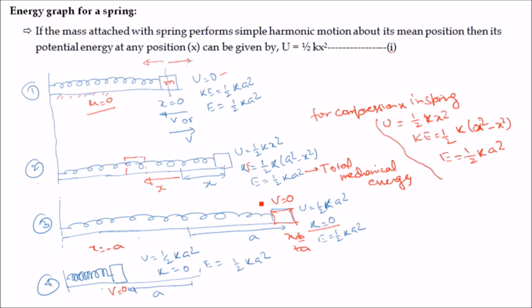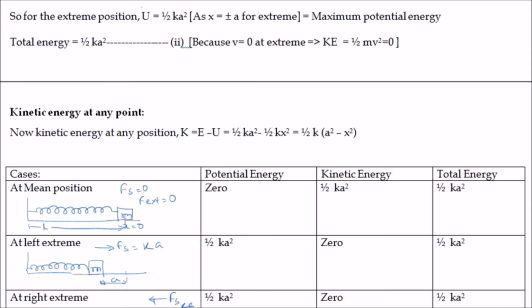So if I put the values in this figure, then at this mean point the potential energy is equal to 0. At these two extremes, we have a maximum potential energy which is equal to half kA square, and the maximum kinetic energy will be observed at the mean position.